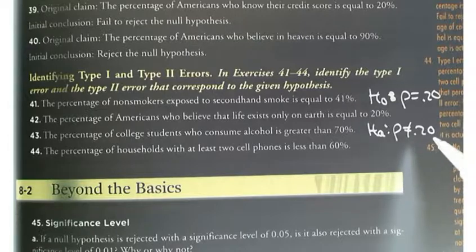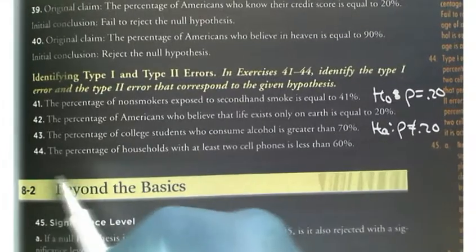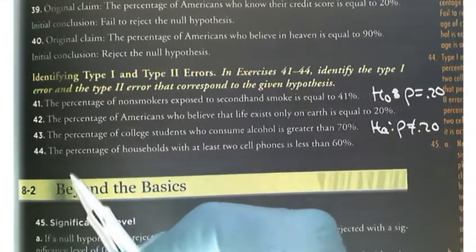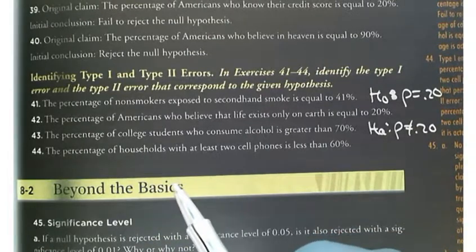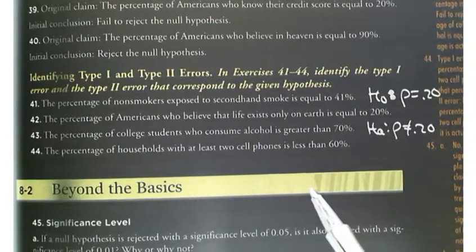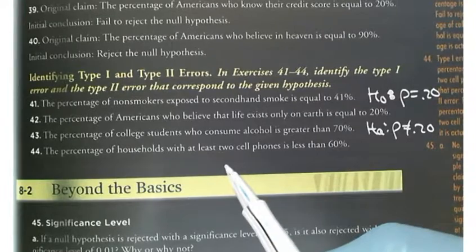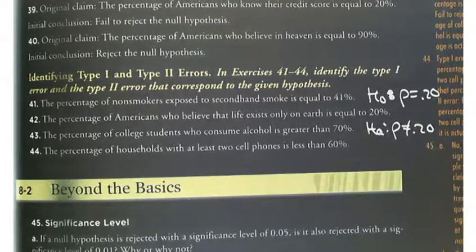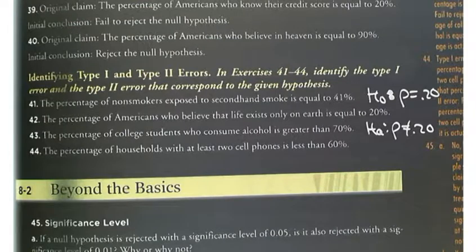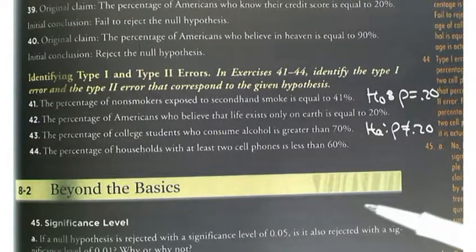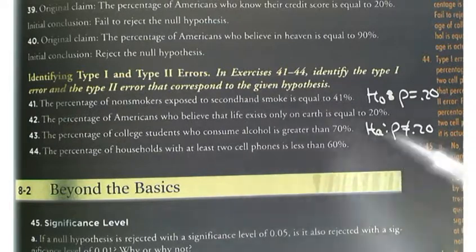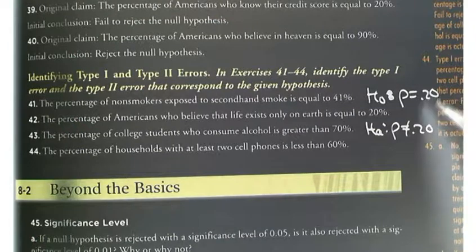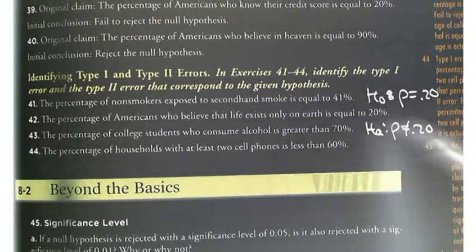Okay, thanks. And let me do type 2 for you so I can get you out of here. Remember, in a type 2 error, H naught is false, but we can't reject H naught. So in terms of a type 2 error, we fail to reject that the percentage of Americans who believe that life exists only on Earth is 20%, when in fact that percentage is different than 20%.